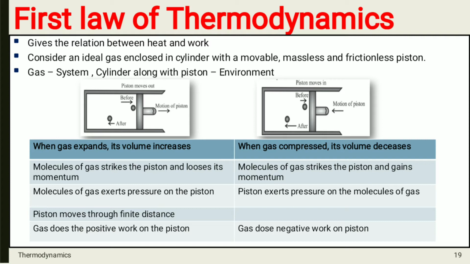So in the first figure you can see that there is an expansion of gas due to motion of piston outside the cylinder, or you can say towards the edges of cylinder. If gas expands, its volume also increases. How does this happen? When molecules of gas strike the piston, they lose their momentum.